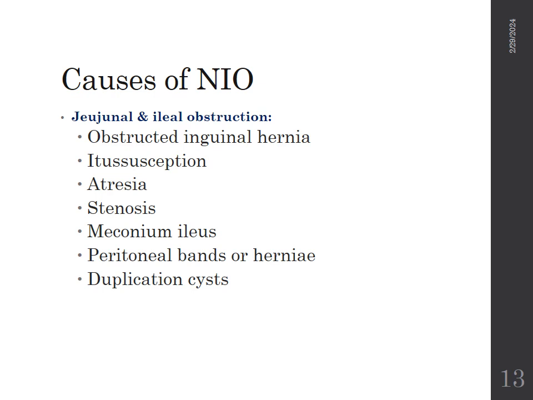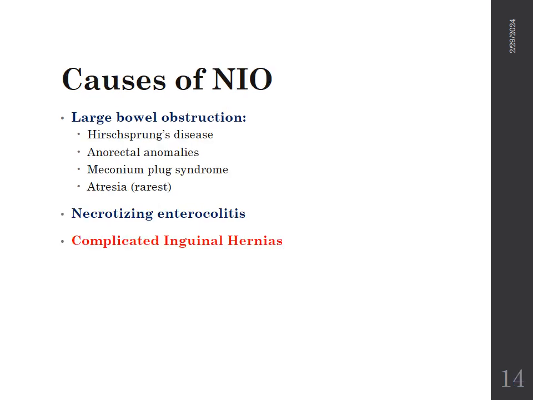We may have jejunal and ileal obstruction, such as an obstructed inguinal hernia, intussusception, not very common in our neonates, atresia, stenosis, meconium ileus, peritoneal bands or hernia, or duplication cysts, and these are less common causes. Large bowel obstruction, and we see a lot of these. Number one, Hirschsprung disease, which is a functional obstruction, as we said. Anorectal anomalies, the most common, as all of us know, being imperforate anus.